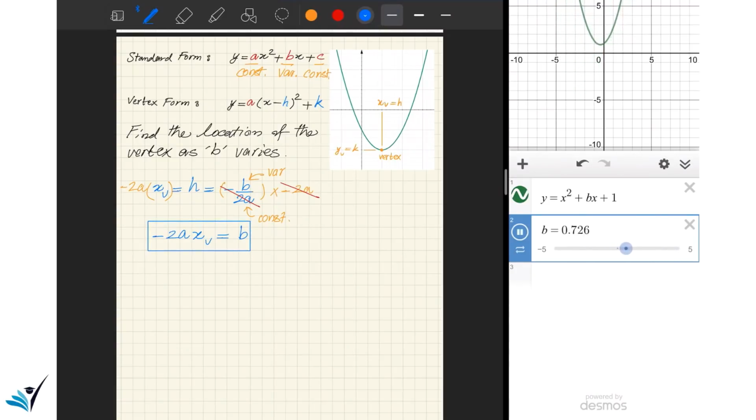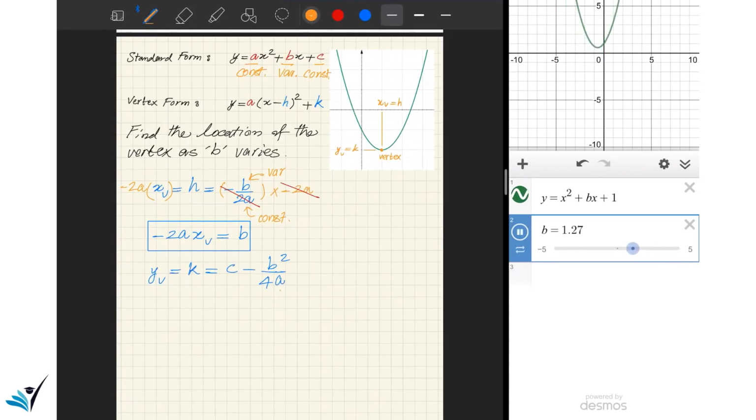The second equation that I'm going to use is the relationship between y sub v and the constant k, which is y sub v is equal to k, which is equal to c minus b squared divided by 4a.